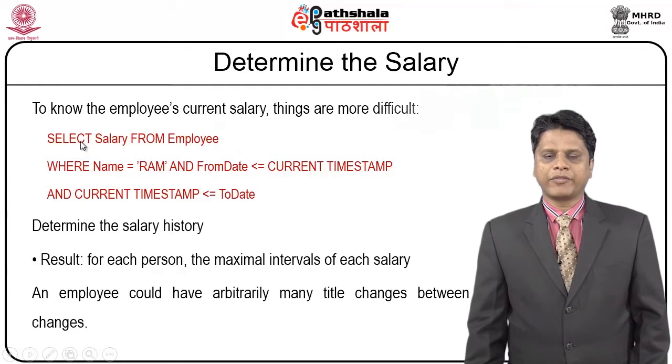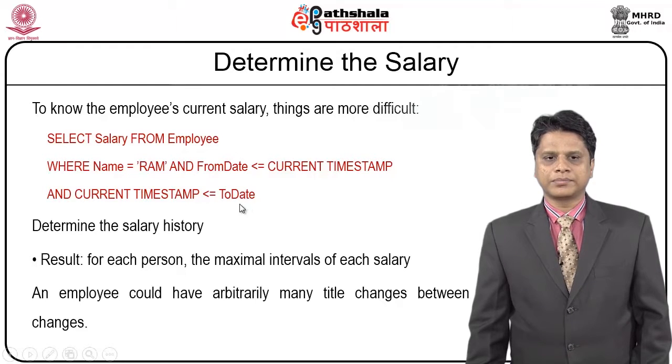So we write a SQL query which says select salary from employee where name is equal to Ram and from date as current timestamp and current timestamp to be to date. So we may take the overall history or determine the salary history and say what the current salary is.